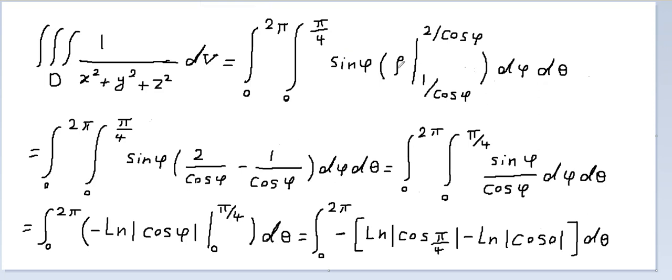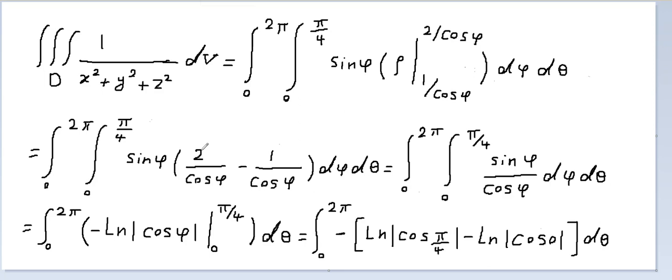So the first integral with respect to rho, the integral of d rho is rho from 1 over cosine to 2 over cosine. So this equals sine phi times the value of rho when rho equals 2 over cosine minus the value when rho equals 1 over cosine.